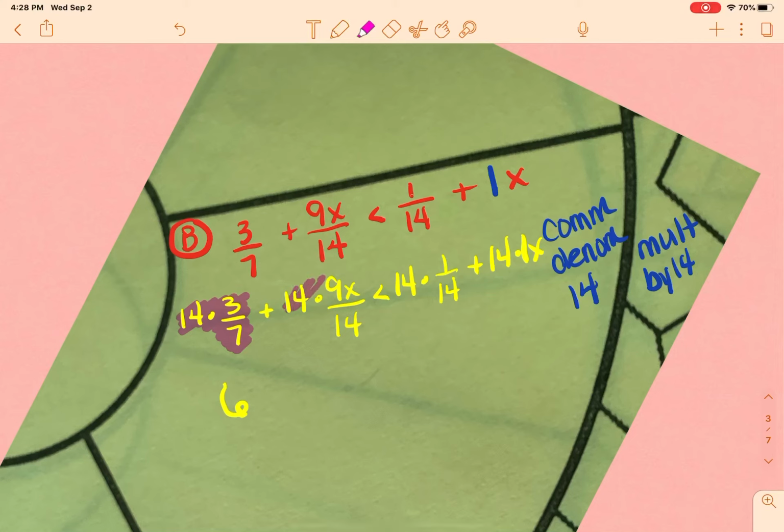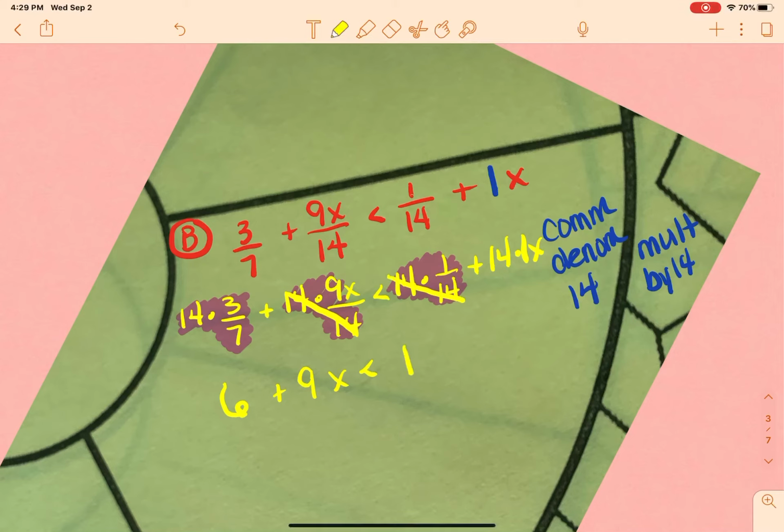Now I'm going to look at the number parts here. The good news is for that one, multiplying by 14 and dividing by 14 are opposites, so they cancel. So you'll be left with 9x. Now in this one, multiplying by 14 and dividing by 14 will cancel.